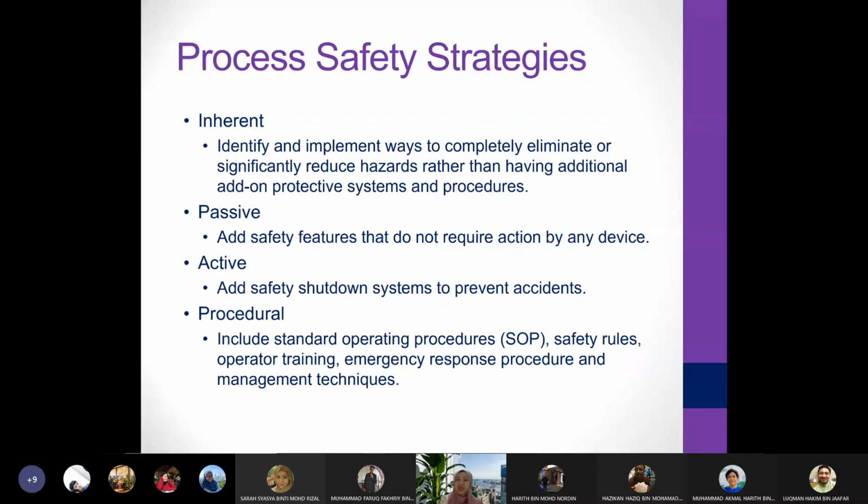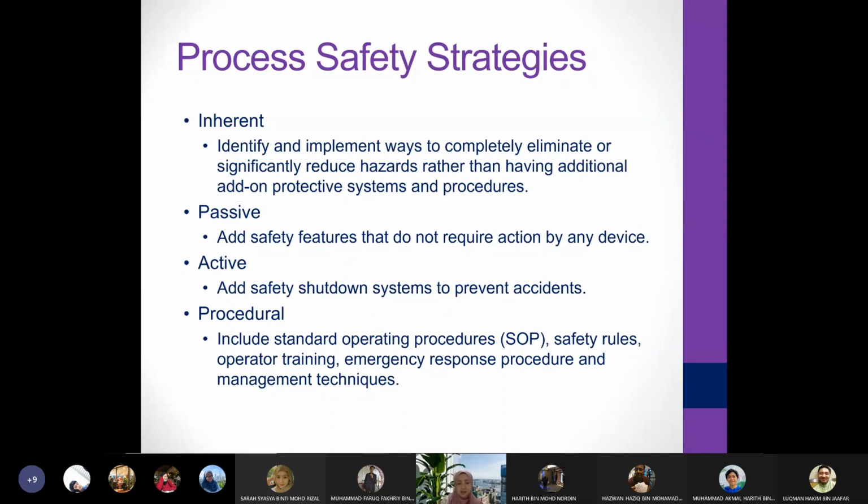And then there are also the procedural process safety strategies. This includes the safety briefings on the airplane, so safety briefings that you give to visitors. You give them the standard operating procedures, also standard operating procedures for operating a machine, and the safety rules that people must comply with.